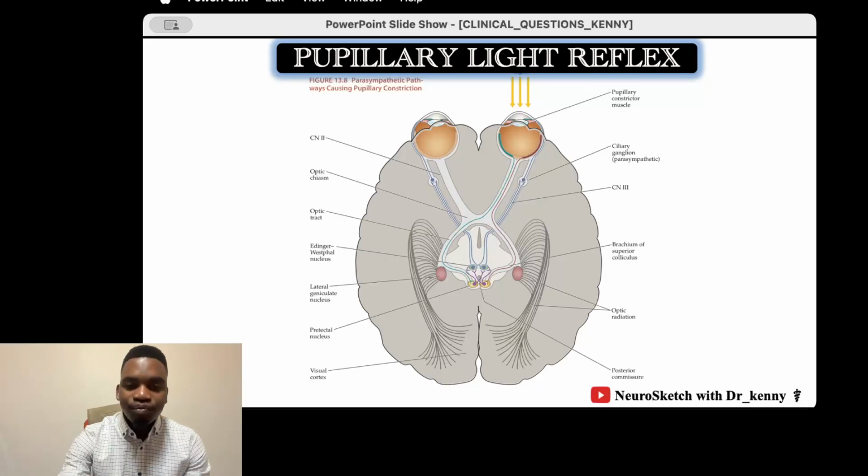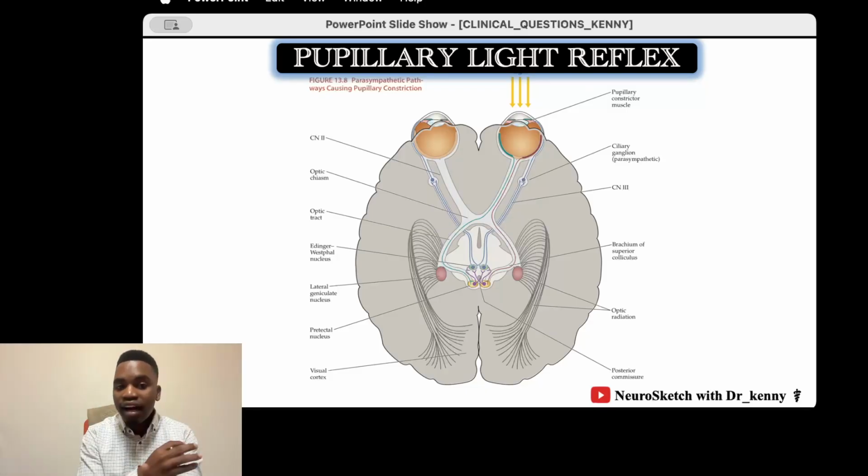Okay, so because this patient fails to constrict the eye, the problem could be on the descending component of the pupillary reaction. That could be carried by the oculomotor nerve, the ciliary ganglion, or the short ciliary nerve. But the question has already told us that the patient has got no trouble with the movement of the eyes, because if we had damage at the oculomotor nerve, the patient would have down and out deviation of the eyes, and that is not the problem with the patient.